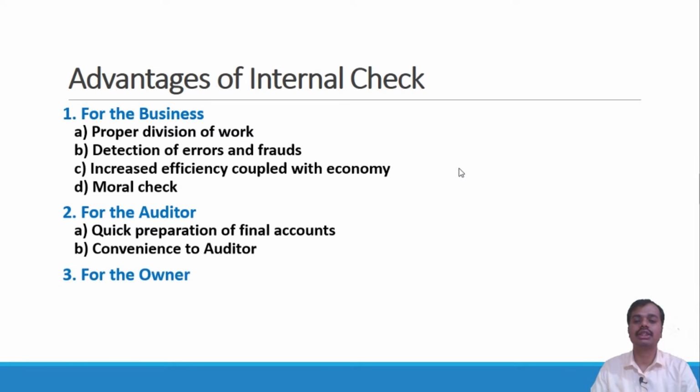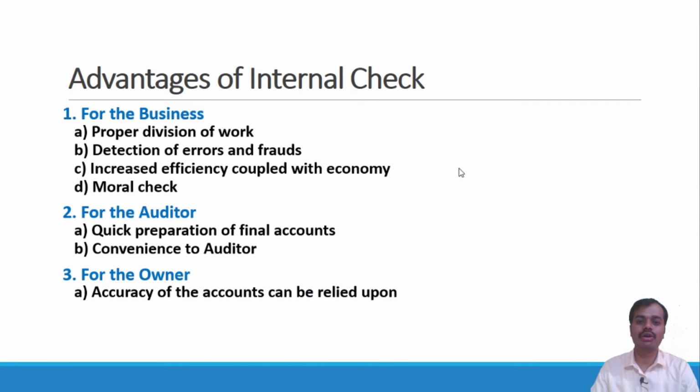Now we'll see the advantages to the owner of the enterprise. First advantage is that the accuracy of the accounts can be relied upon. If there is a system of internal check, the owner of the concern may rely upon the genuineness and accuracy of the accounts.